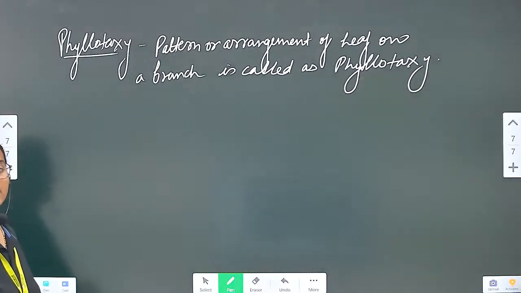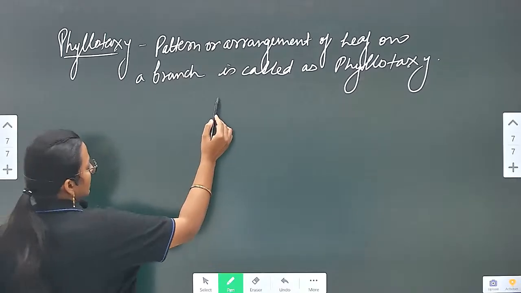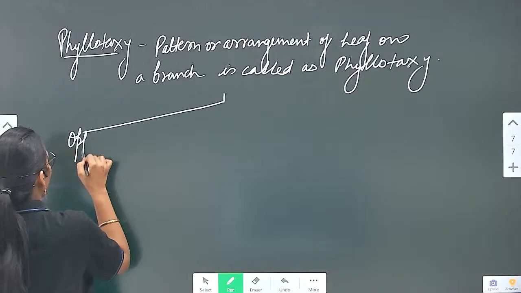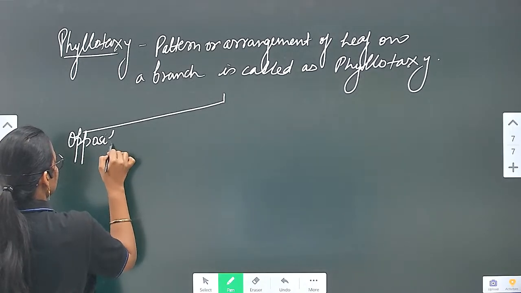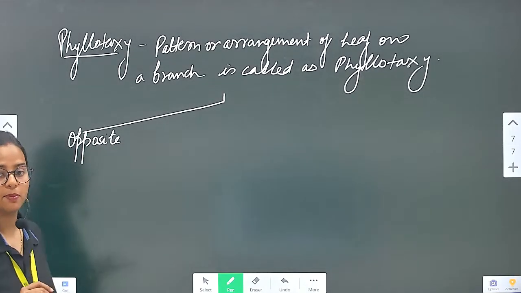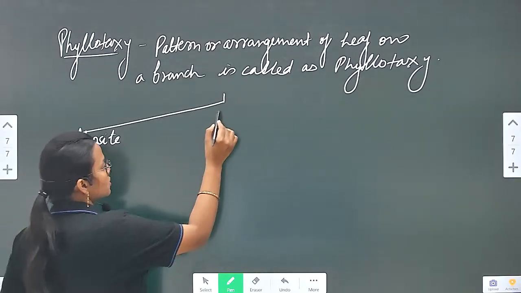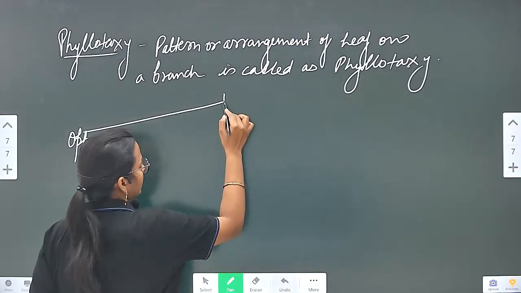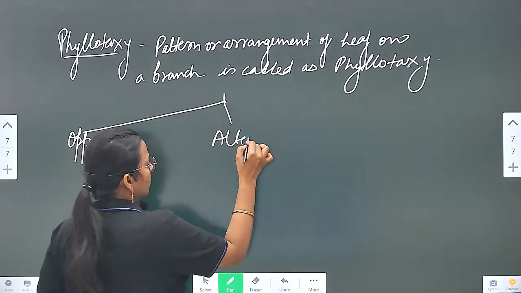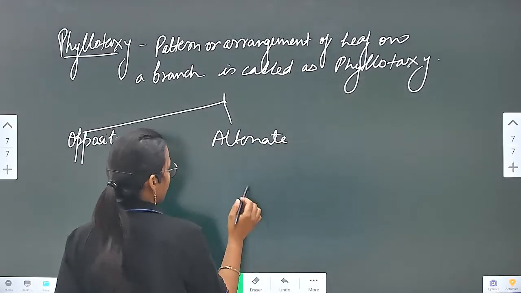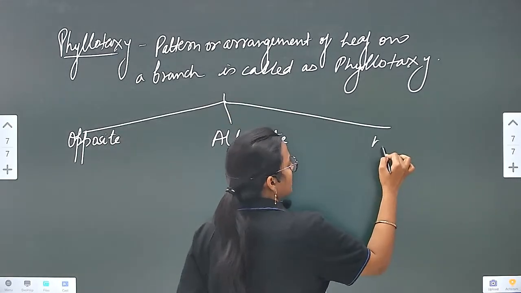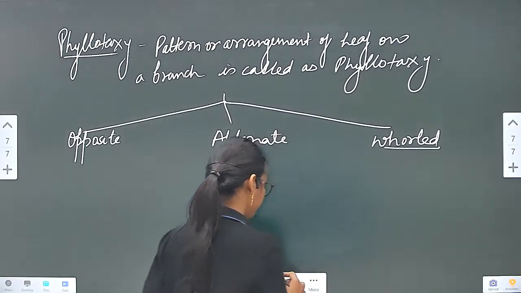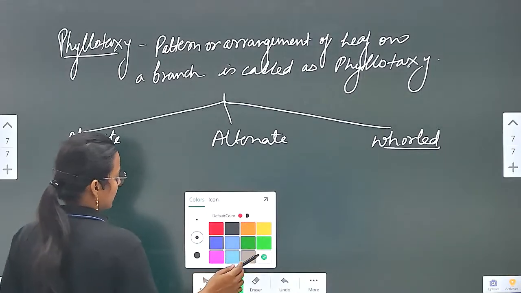So what are the three types of phyllotaxy? Let us see. Number 1 is the opposite type of phyllotaxy. Number 2 is the alternate type of phyllotaxy, and number 3 is the whorled. What is that? Whorled. Let us see.